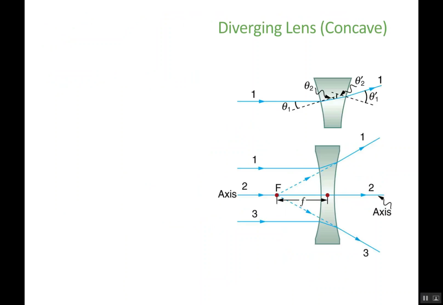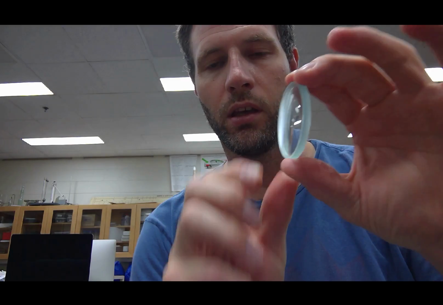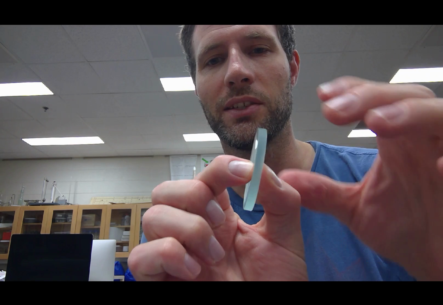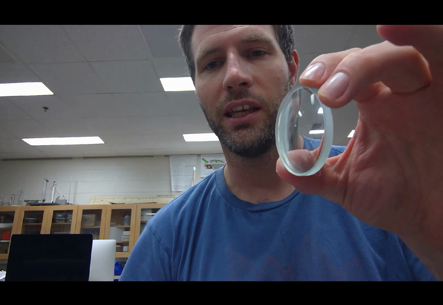Now, this picture is of a concave, or diverging, lens. You're looking at it from the side. Let me show you what a real one looks like. This is harder to see than the convex lens, but the concave lens is thinner in the center and thicker at the edges.